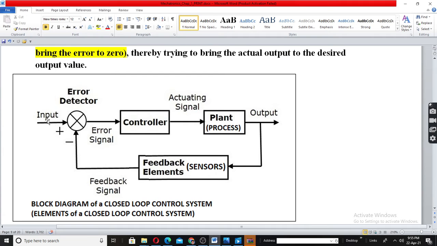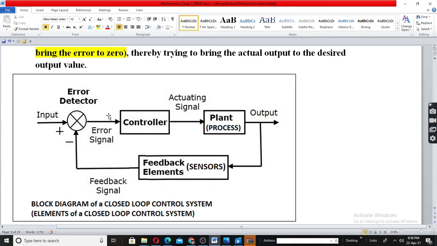Suppose after some time there is some leakage in the pipe and there is some wastage. Now if you set it for 10, you will get only 9 liters per second. The feedback says it is now 9, while the set value is 10. 10 minus 9, you get 1. The error signal is 1.